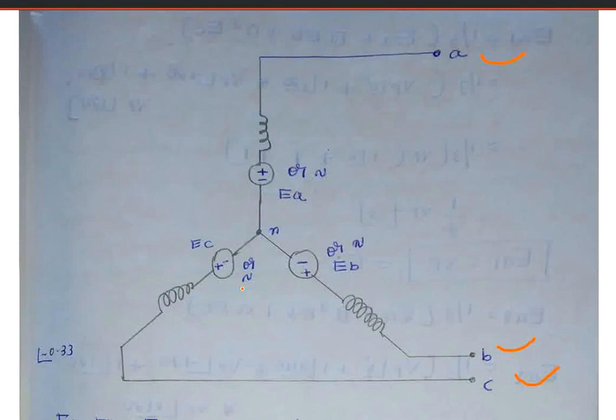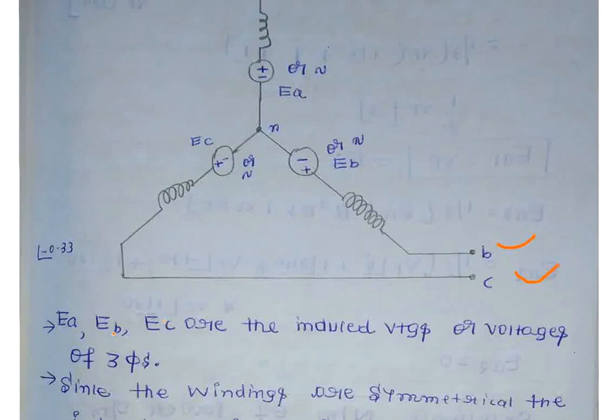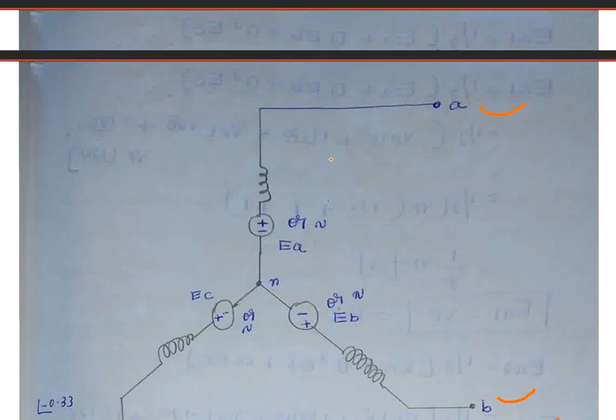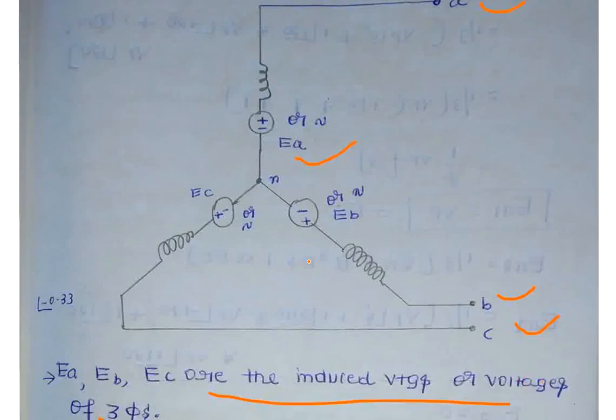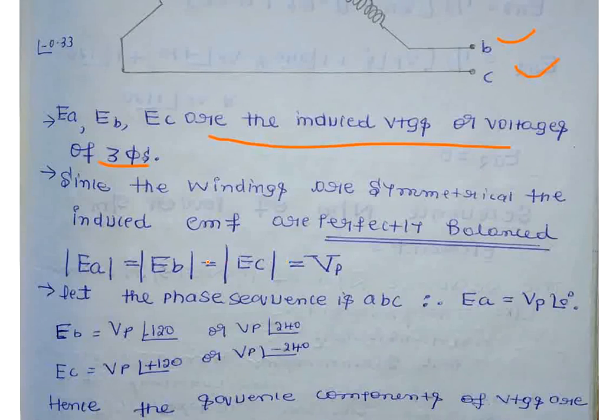EA is generated in phase A, EB in phase B, and EC in phase C. These are the induced voltages of the three phases. Since the windings are symmetrical, the induced EMFs are perfectly balanced.